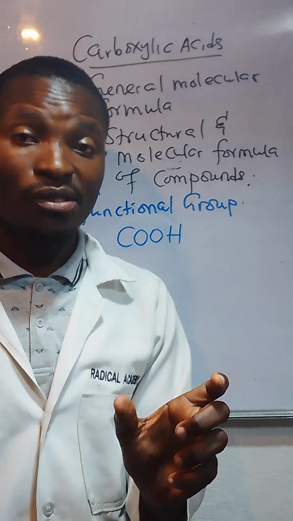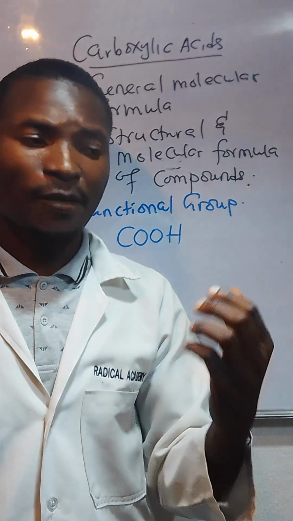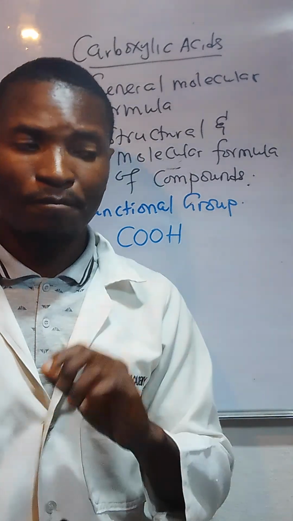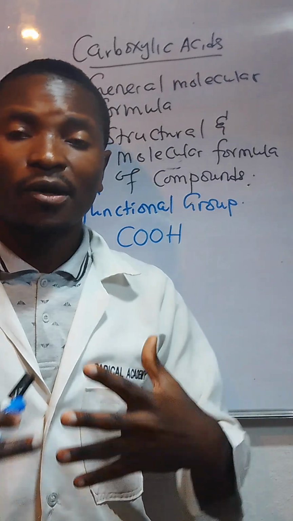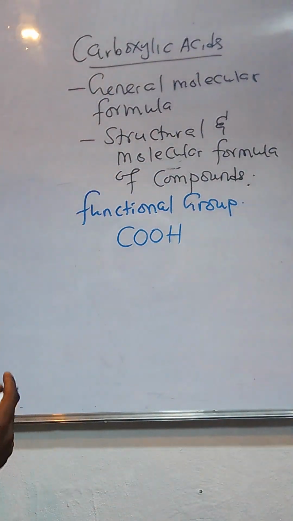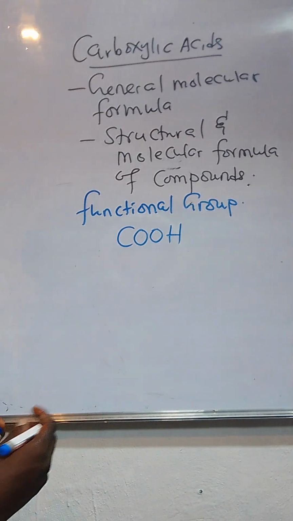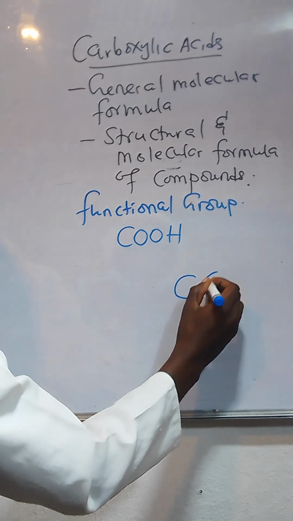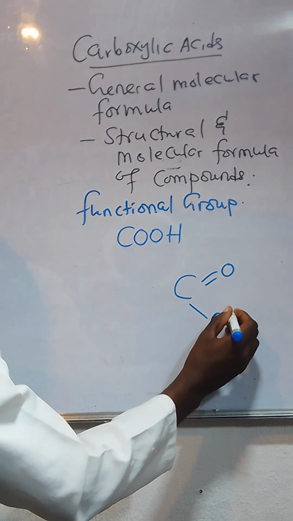So under the carboxylic acids, the functional group is COOH. Now we also have to understand how we can structurally draw this functional group, so that we know not just molecularly but also structurally how to identify it. So this is drawn as C, and then we have the double bond, and then we have this.